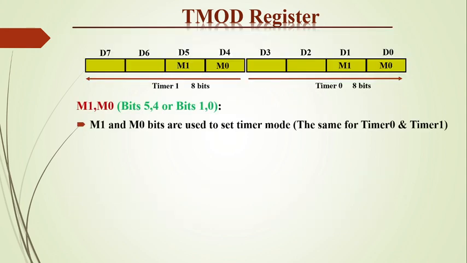Bits 5 and 4, or bits 1 and 0, are used to select or set the timer mode for timer 1 and timer 0 respectively.